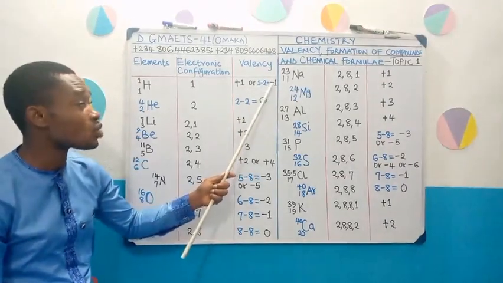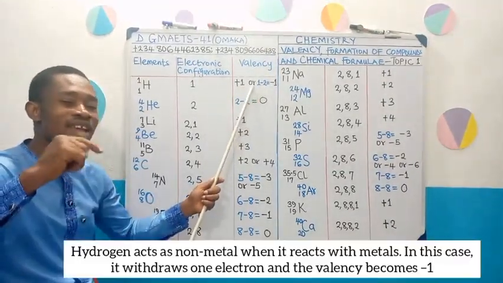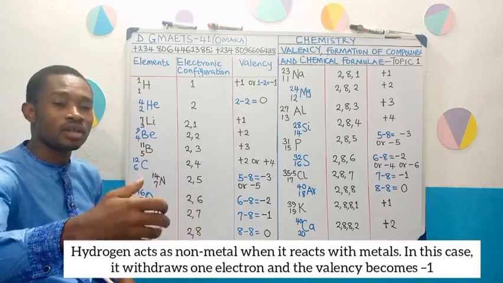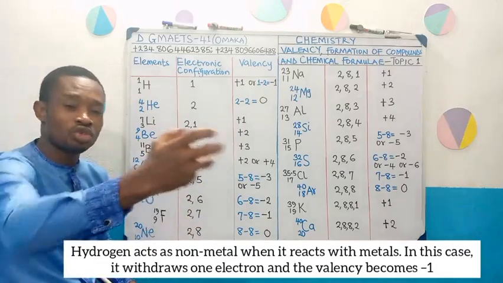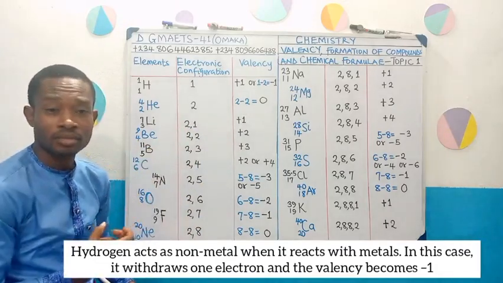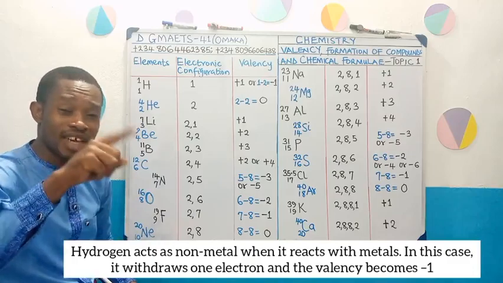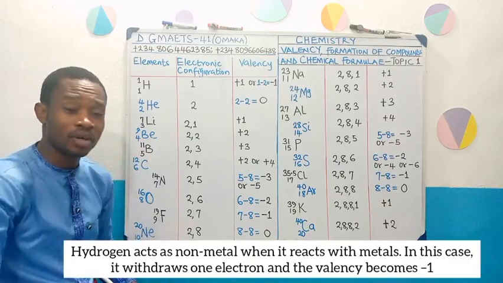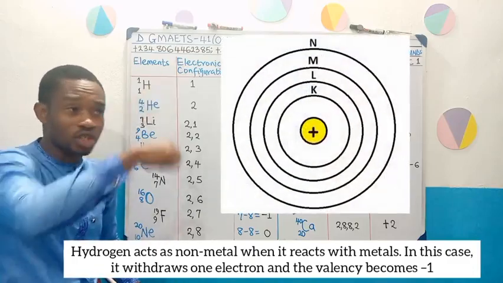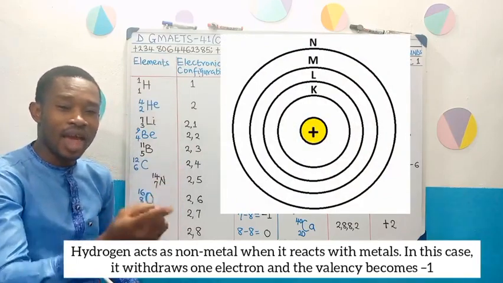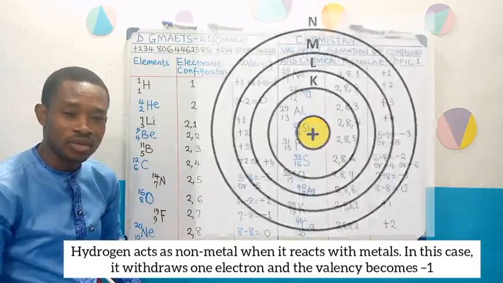In the case where it is -1, then it means that that hydrogen is actually maybe reacting with a metal, so that hydrogen will withdraw 1 electron from that metal. And the shell of hydrogen, which is only 1, the K shell, the first shell, remember, if you're using the circular notation to write atomic structure, we have the K, L, M, N, O, P, Q shells.